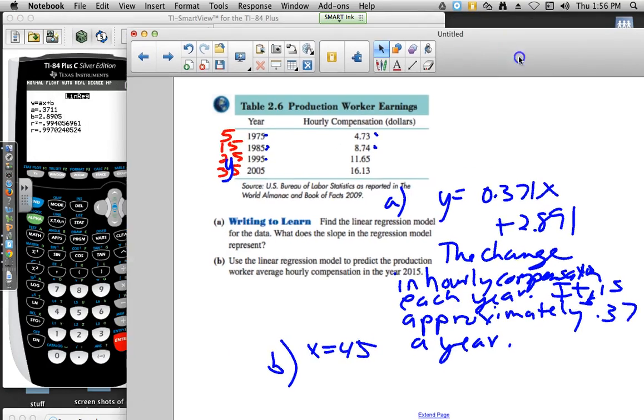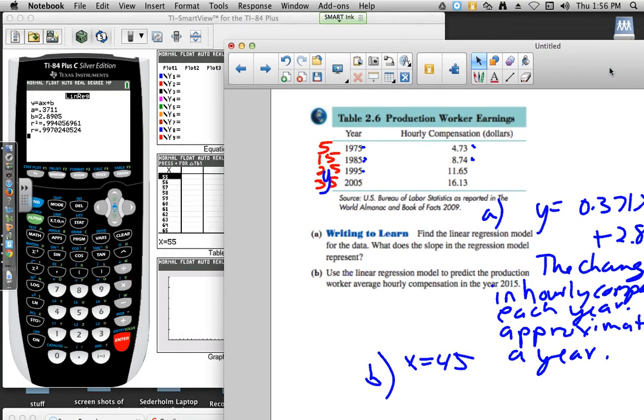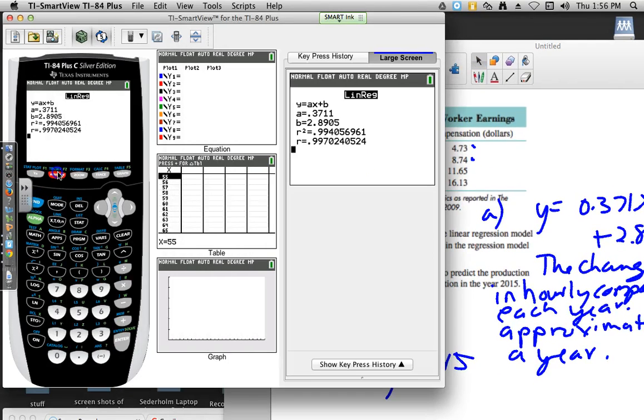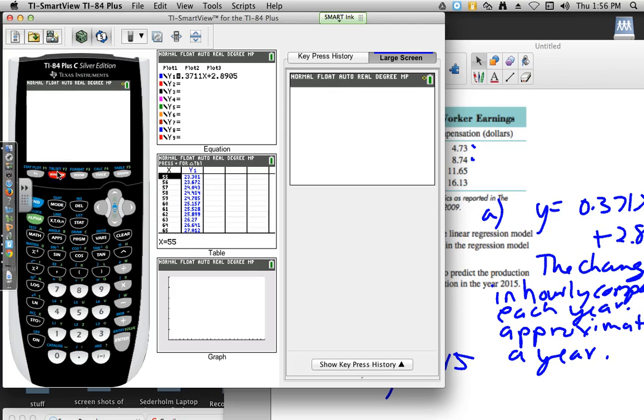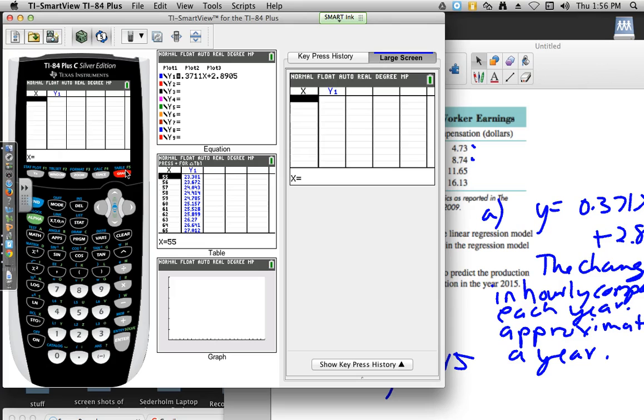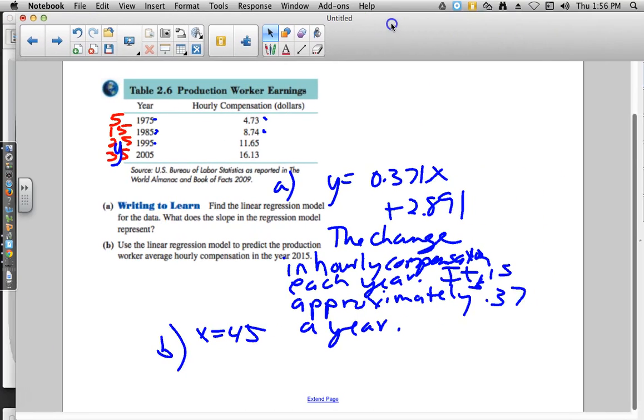So maybe we'll go ahead and use that ask feature, and that is second table set. Go down to ask, second table, and we want to put in a 45. And it shows us that it will be $19.59.